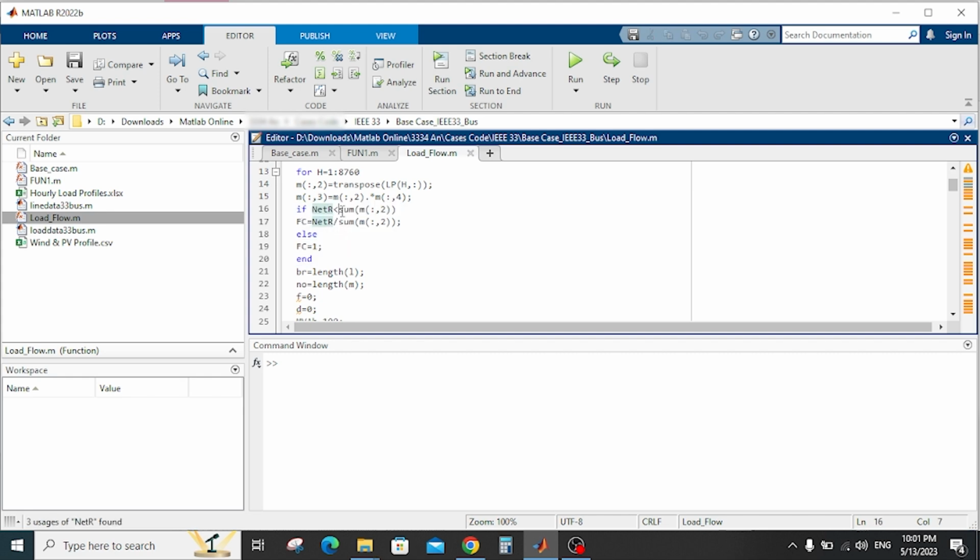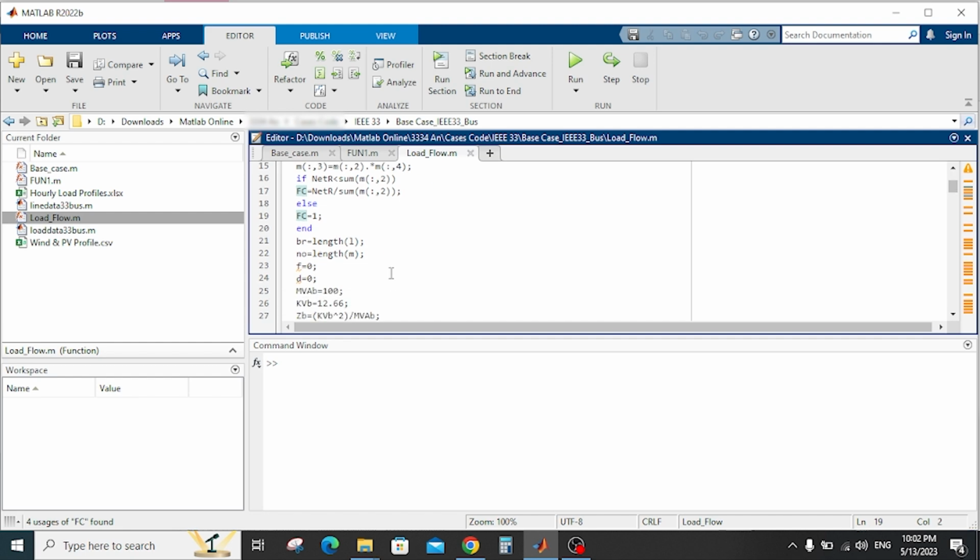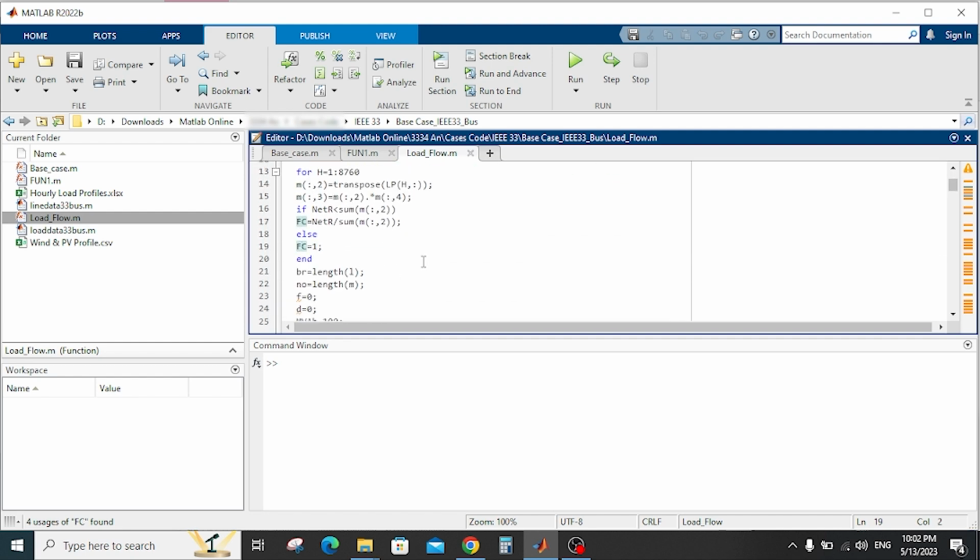So now we test if the load of each hour is more than the network rating. If so, we apply some factors to limit the rated power. And if the network rating is more than the load, we put the factor as 1 and there is no limit on the network.